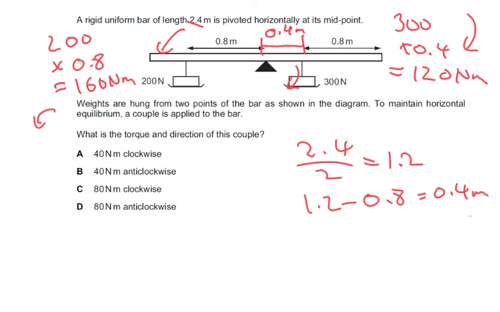So the beam itself is going to have a moment of 40 Newton meters going anti-clockwise. For it to balance, we're going to have to apply a torque going in the other direction, which is clockwise. So therefore the answer must be A.